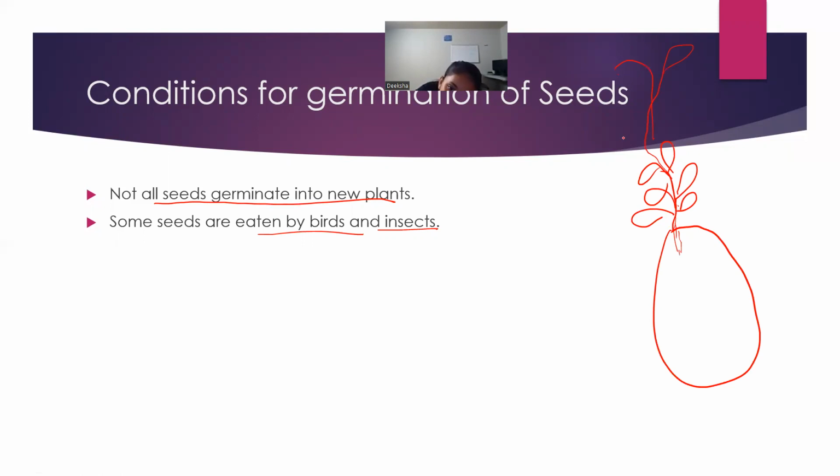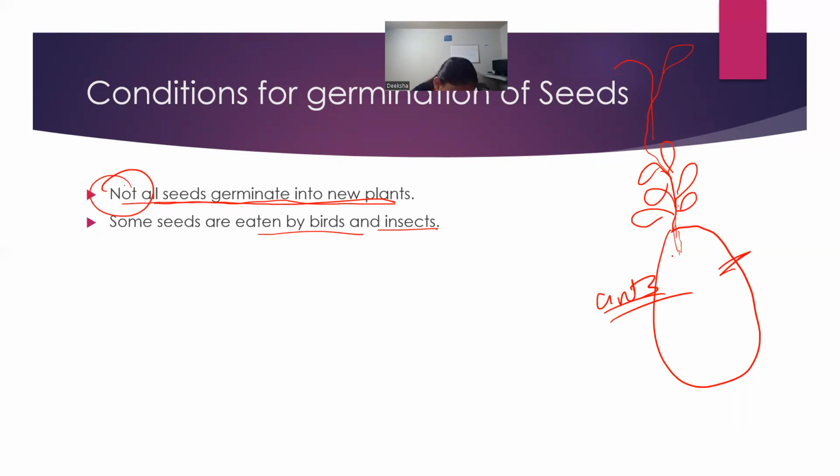Correct? Yes. So on that side it is written that all seeds germinate into new plants, but not all seeds do. Why? Suppose this seed has been eaten up by ants, because we have already dug it in the soil and poured it in the soil.